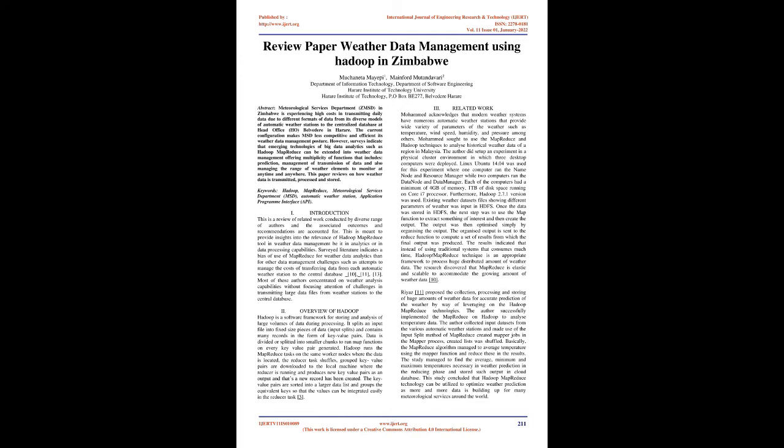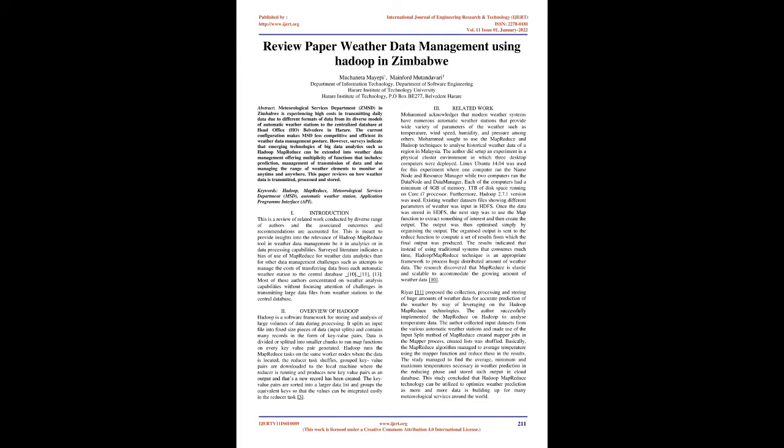Hadoop runs the MapReduce tasks on the same worker nodes where the data is located. The reducer task shuffles; grouped key-value pairs are downloaded to the local machine where the reducer is running and it produces new key-value pairs as an output, and a new record has been created. The key-value pairs are sorted into a larger data list and the equivalent keys are grouped so that the values can be integrated easily in the reducer task 3.